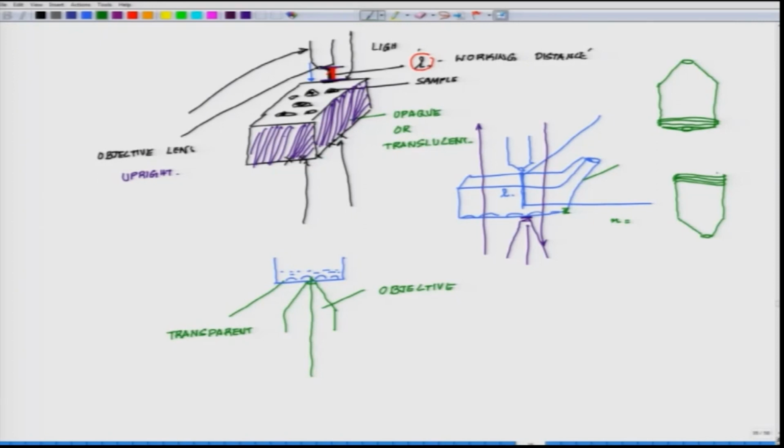Out here there are some small things which most of us only look for, it is written 40x or 10x or 20x. But underneath that you will see something very small written like small n, which is essentially called the numerical aperture.